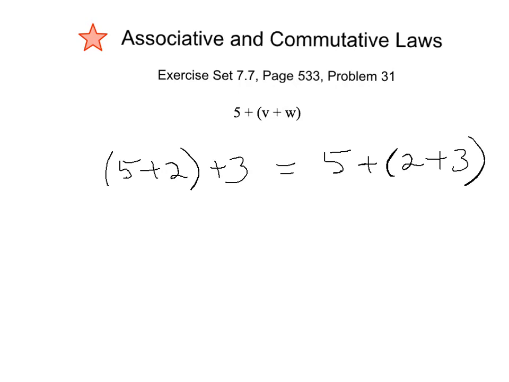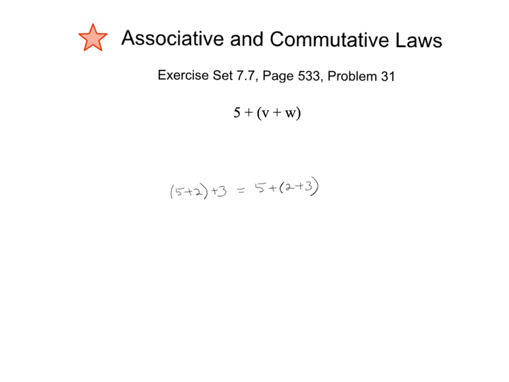I have not changed the order. It's still 5, 2, 3, but I'm changing what's inside the brackets, or what's grouped or associated together. So I've got 5 plus 2 inside the bracket here, where here I have 2 plus 3 together, and the 5's outside the bracket. That's the associative law in a nutshell.